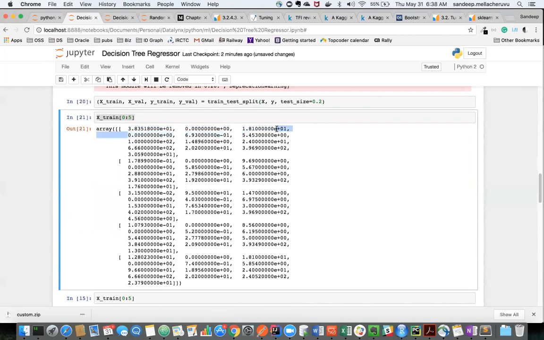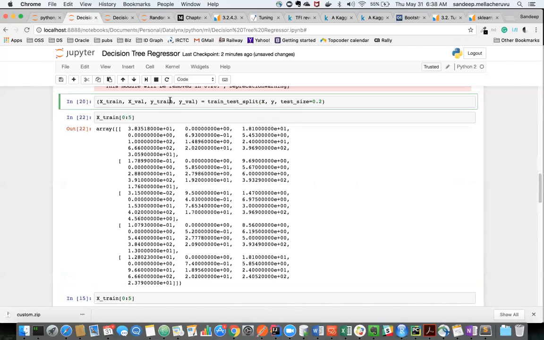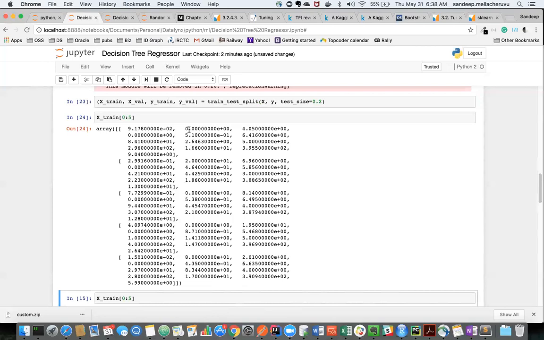I am just showing you the first one so that it is easier to identify. Every time you run, it is going to pick randomly.